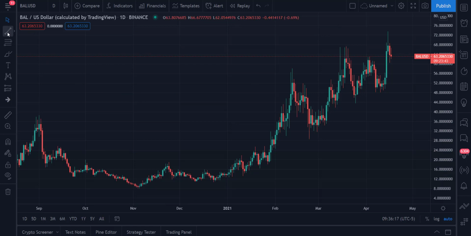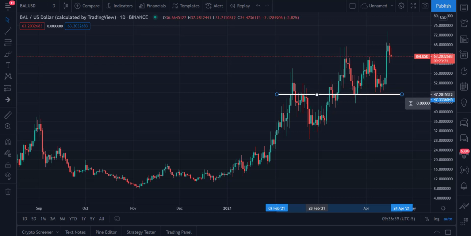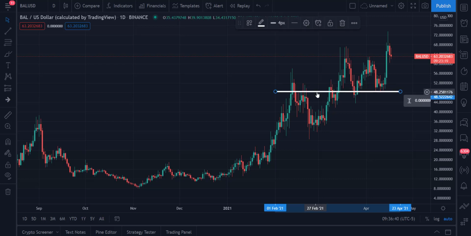Also, I'm looking for levels that may have had some recurring importance. Try and get that right on. Nothing like thinking you have a straight line and realizing that you don't. There you go. So I'm just going to pull this. Let's see. You start to see recurring themes, right?